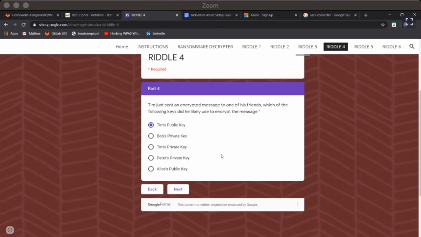We don't get a name for who he's sending it to, but he has to send it to his friend's public key. The only other person in there that has a public key would be Alex, Tyler. He's not going to use his own public key. If he's using his key, he's going to use his private key, not his public key. But that won't send it out if he's using his private key. Well, he needs to, yeah, because he needs to know Alice's public key to get the message over to her. Jody was correct. Yeah, Jody was trying to explain. That was a good way of explaining it.